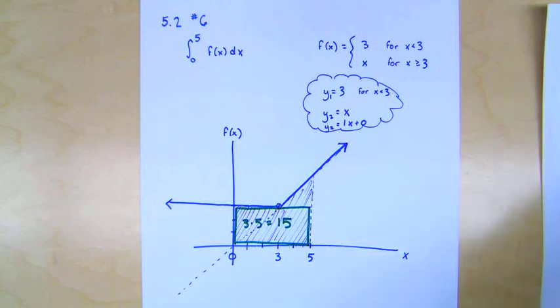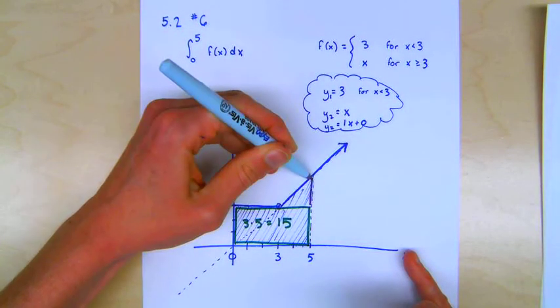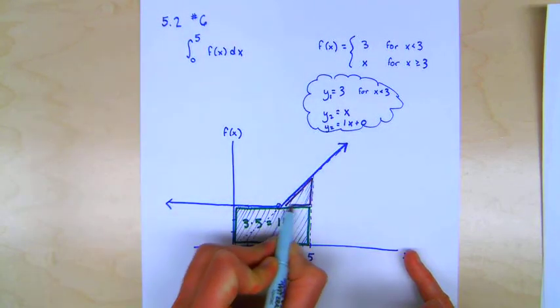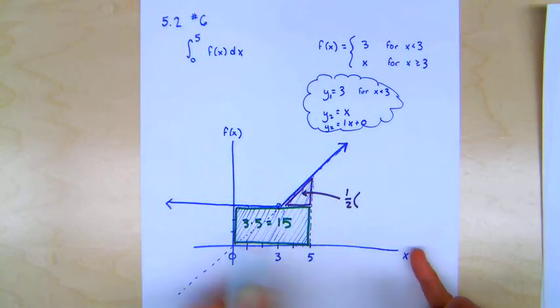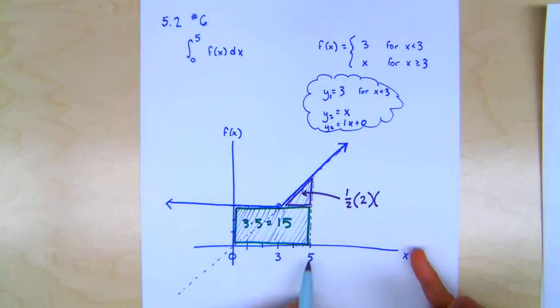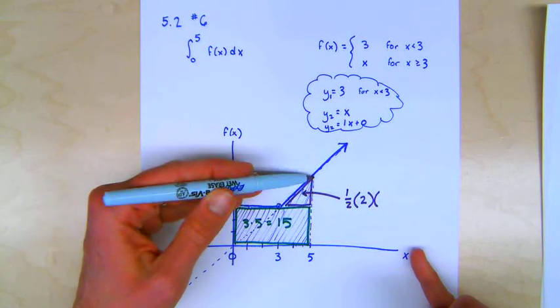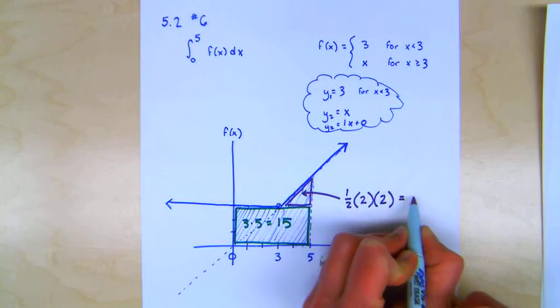And then this upper triangular part has an area of 1/2 of the base, which is the difference between 5 and 3, which is 2, times the height, which is the difference between 3 and 5, also 2. That's 1/2 of 4, which is 2.